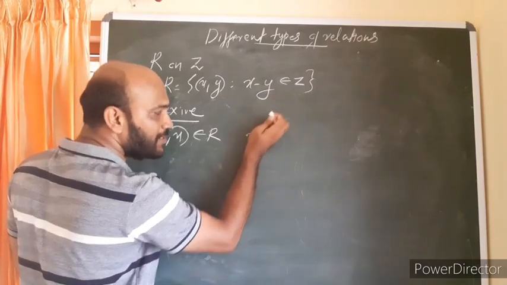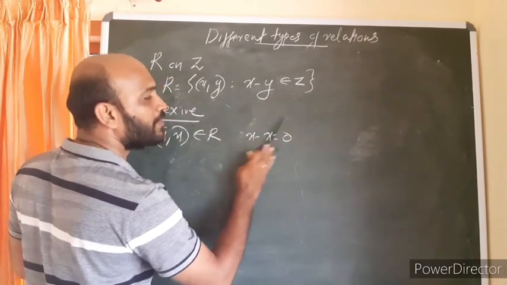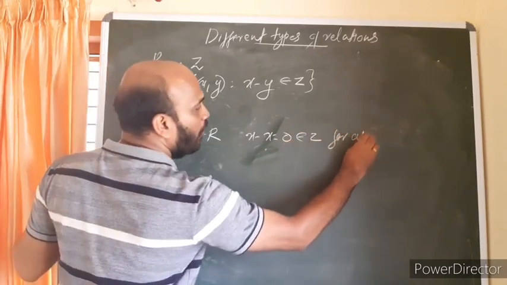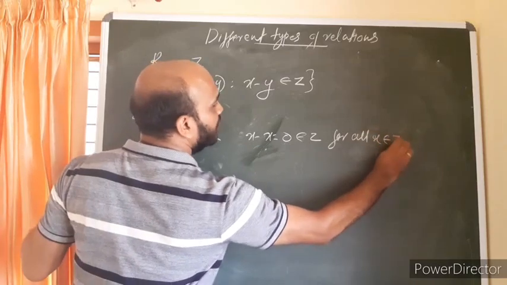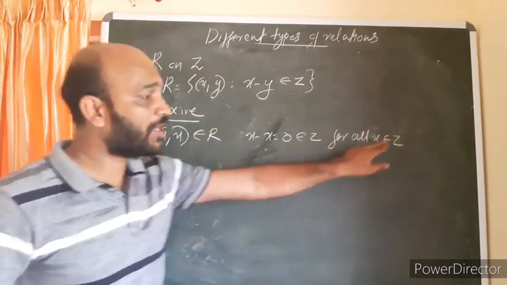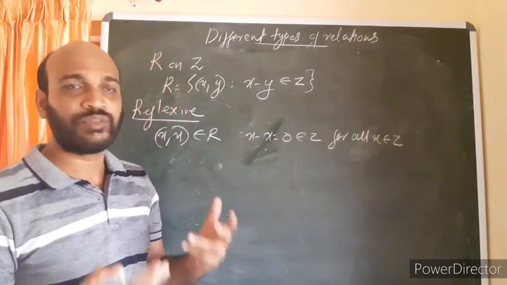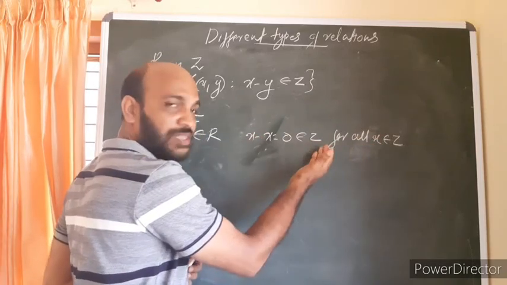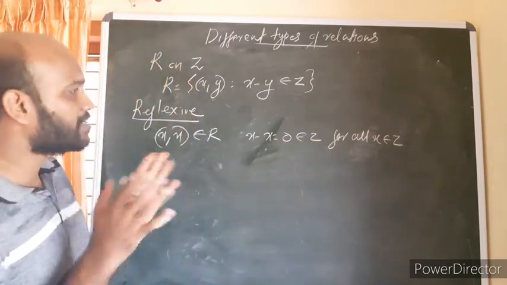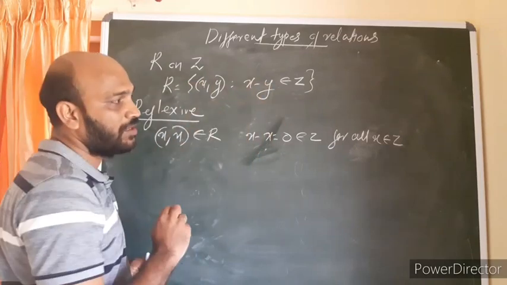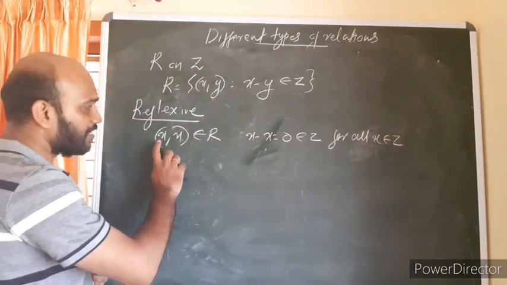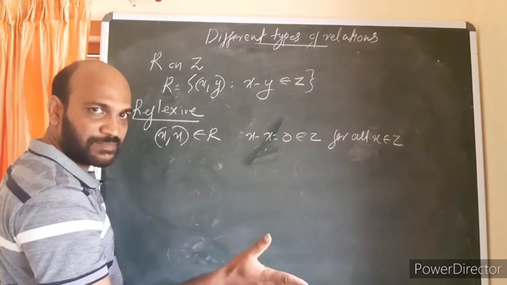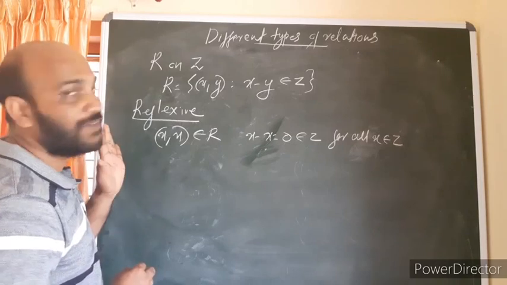X minus X equals 0 and 0 is an integer, for all X belongs to Z. X can be 1, 2, 3. When X equals 1, 1 minus 1 is 0. When X is 2, 2 minus 2 is 0. Since Z is an infinite set, we cannot write all elements of R. So you have to prove like this. X is related to X because x minus x equals 0 and 0 is an integer. So clearly R is reflexive.